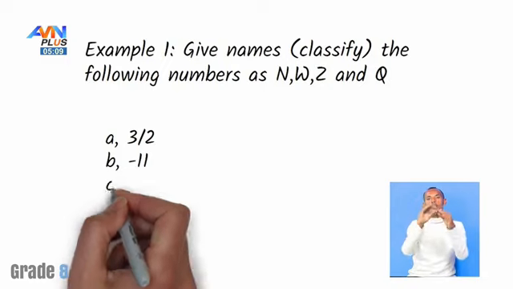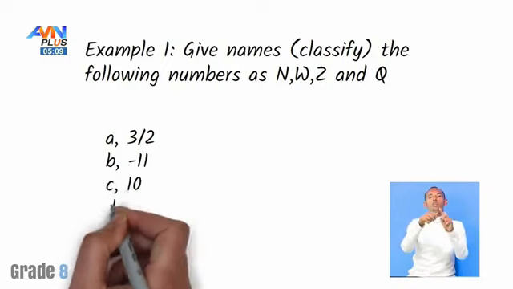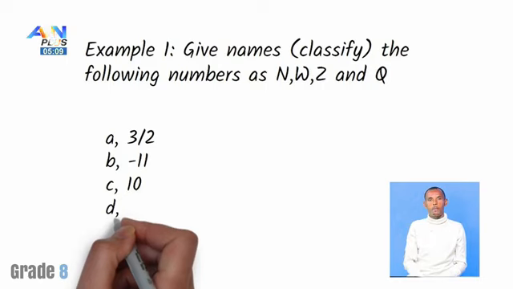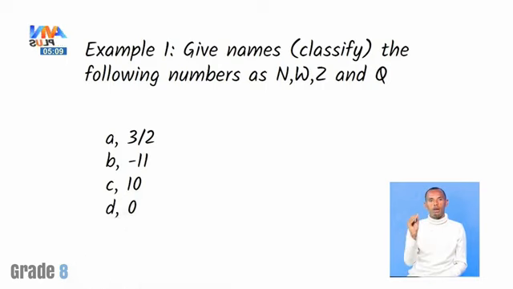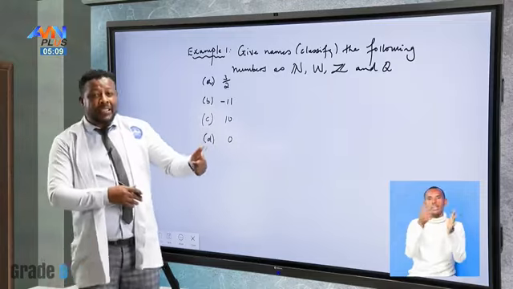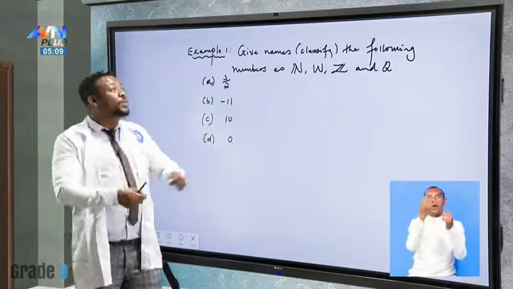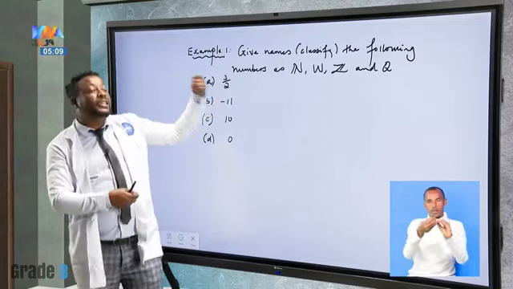The third number can be positive 10 and 0.